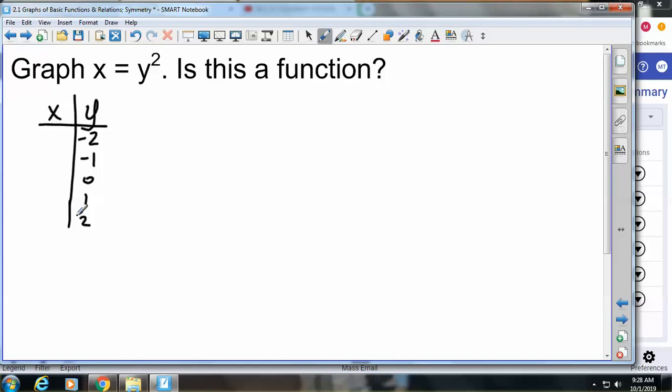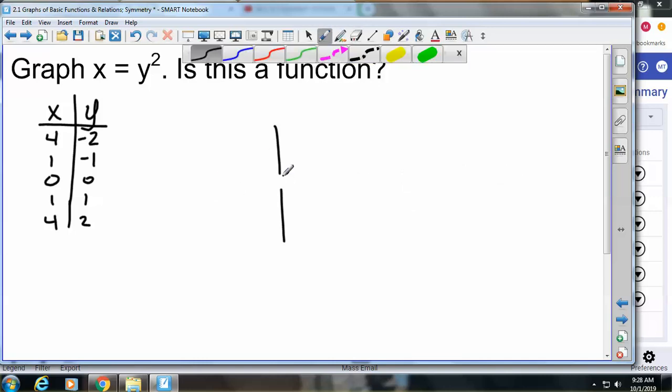All right. So what is negative 2 squared? Negative 1 squared? 0 squared? 1 squared? 2 squared? Oh, excuse me, that is not a straight line.